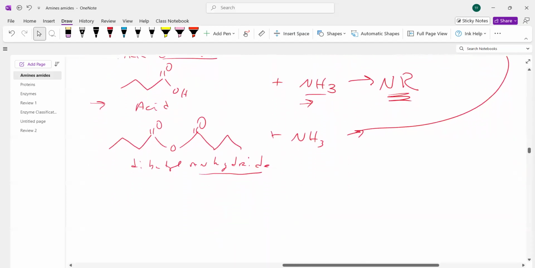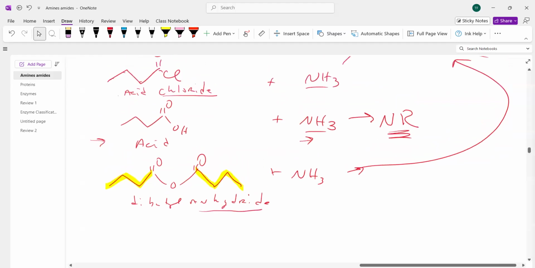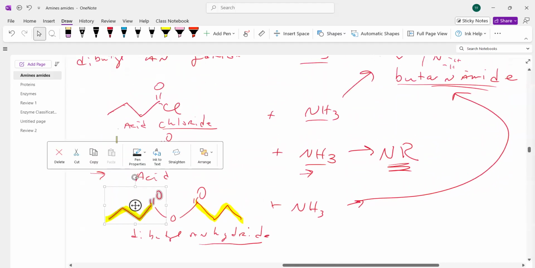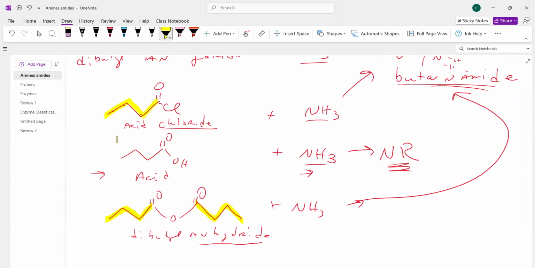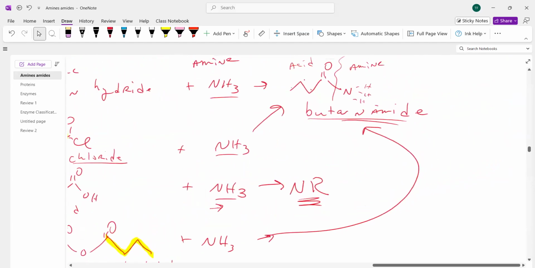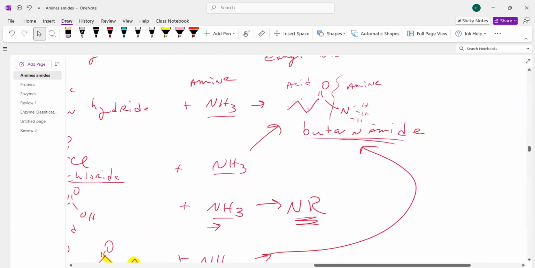Okay, so this is a 1, 2, 3, 4 carbon anhydride. That means the base of the acid is a 4-carbon acid. 1, 2, 3, 4 acid chloride. So this is the acid part.